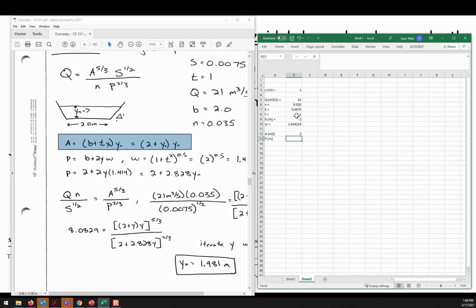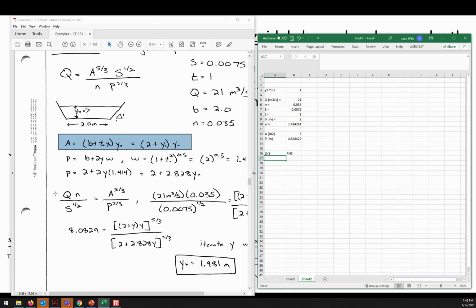All right, so now wetted perimeter is going to be the bottom width of 2 in this case, plus 2 times y times W. All right, now what we're going for is to find the left-hand side and the right-hand side.